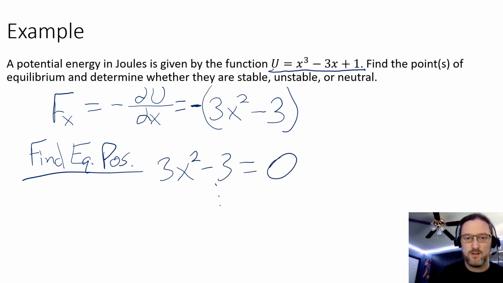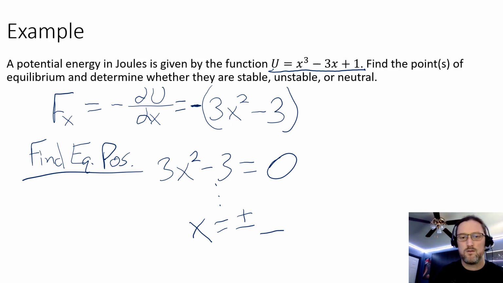A little bit of math later, x equals, let's see, the square root of 1, which is just 1, but plus or minus, right? Plus or minus 1. That's it. So I actually get two equilibrium positions, plus 1 and minus 1.